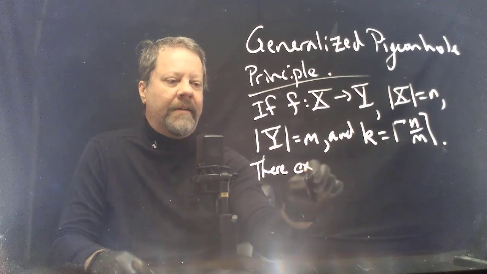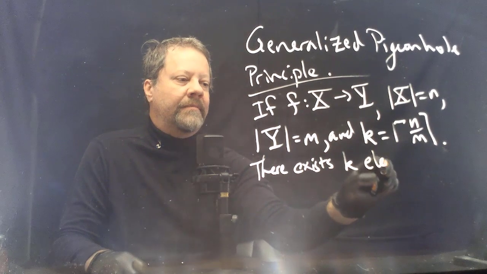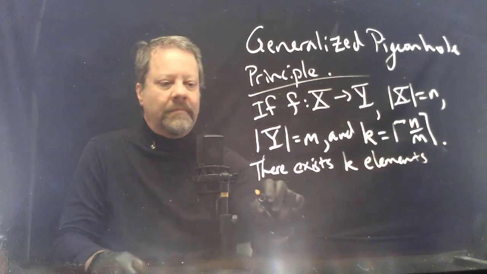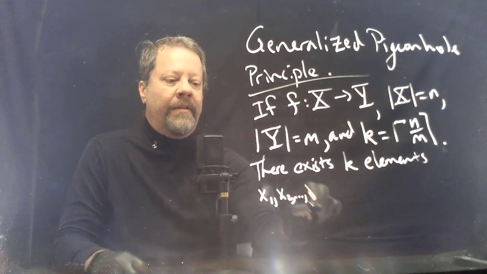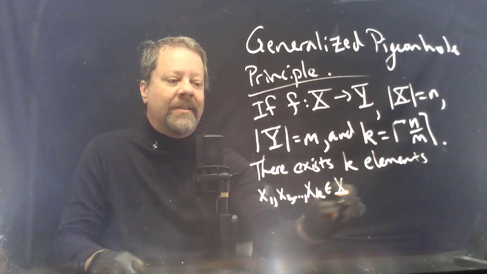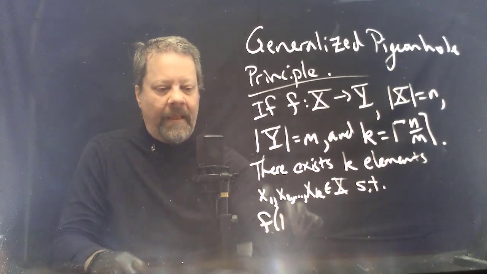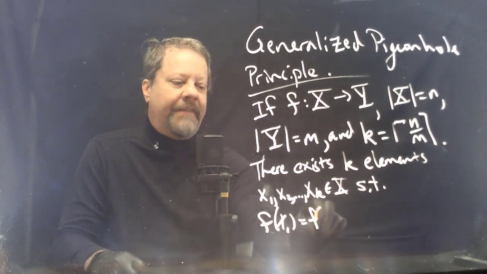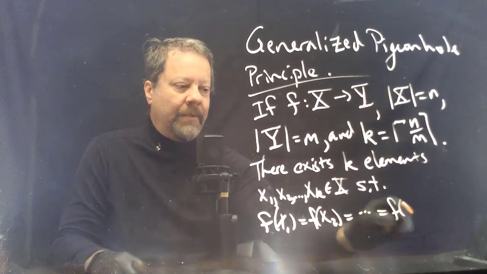Then there exist k elements, x1, x2 through xk within x, such that f of x1 equals f of x2, and that equals f of xk.